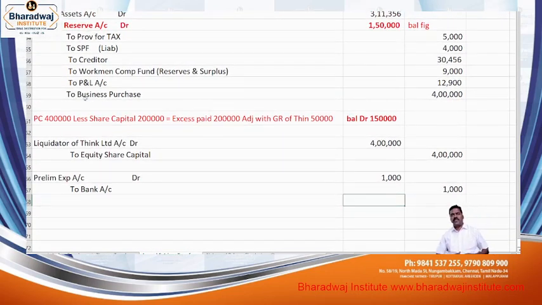Balance sheet also we will do, but we will call it sundry assets. We will not go for classified assets. Putting sundry assets will take just 2 minutes to complete the balance sheet also.